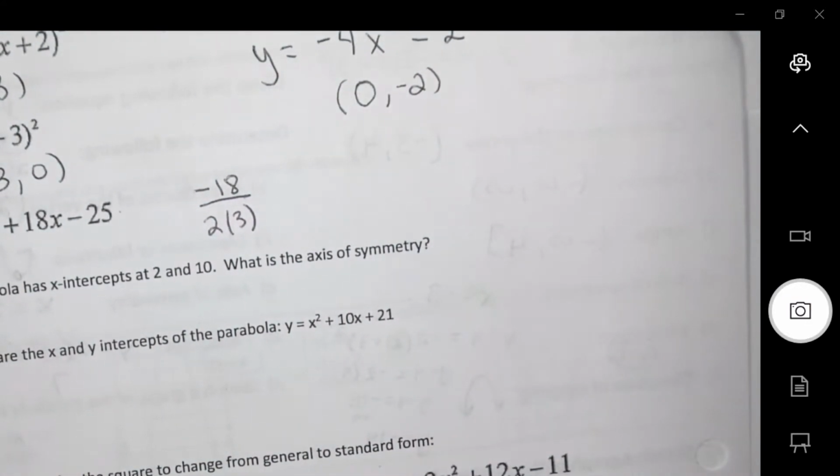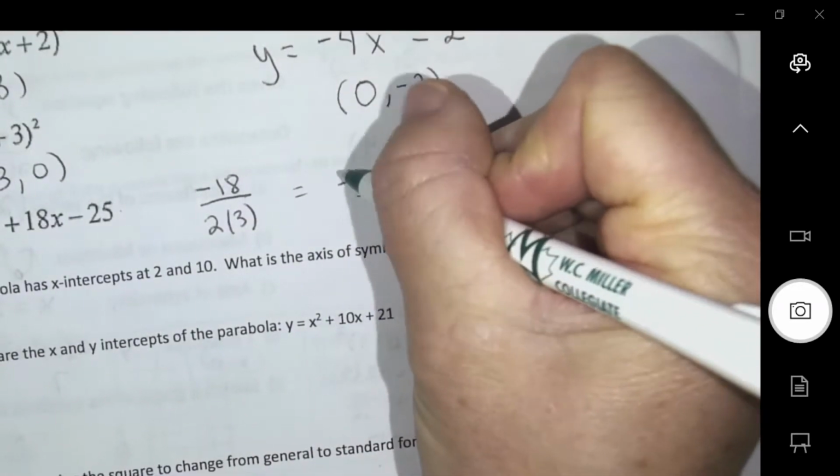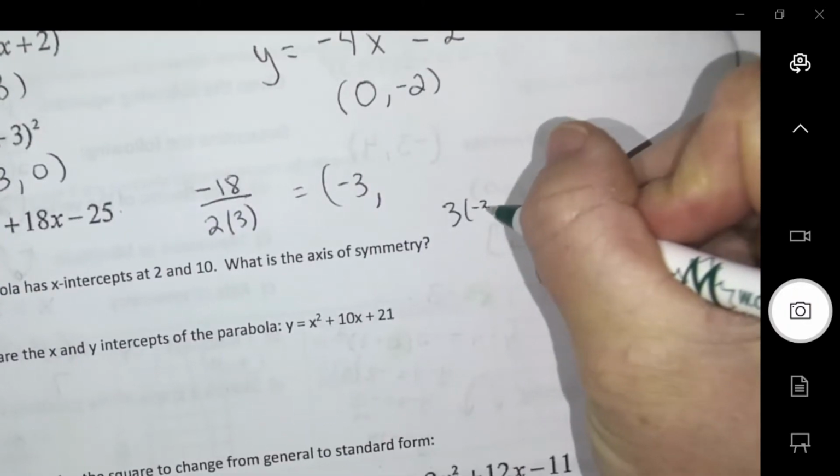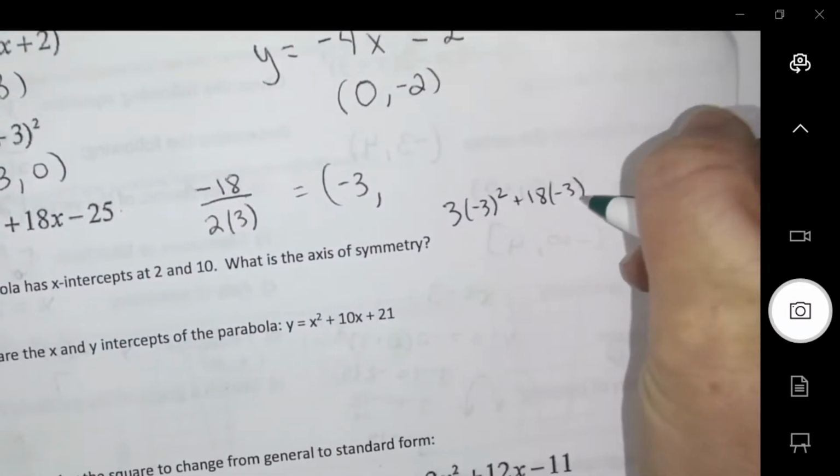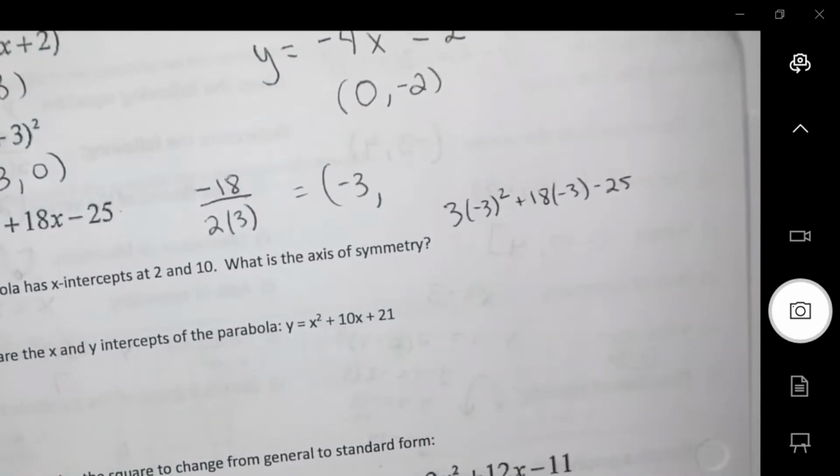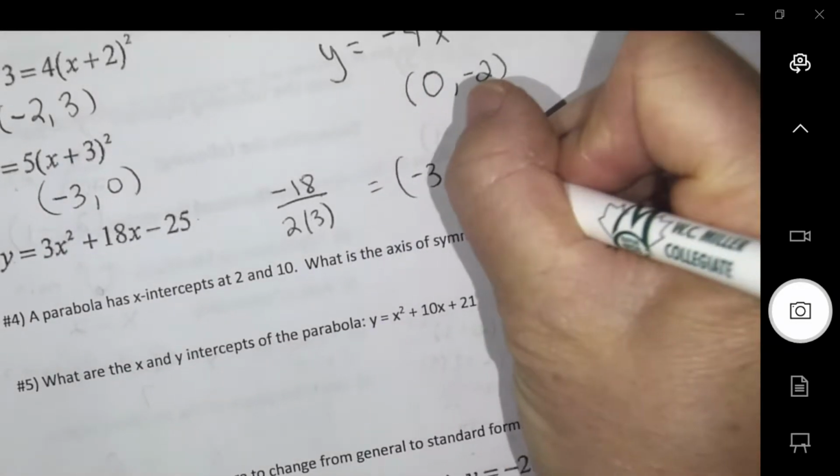So if you're doing that in your calculator, make sure you type it correctly with brackets on the bottom, or understand in your head what's negative 18 divided by 6. Negative 3. Negative 52.